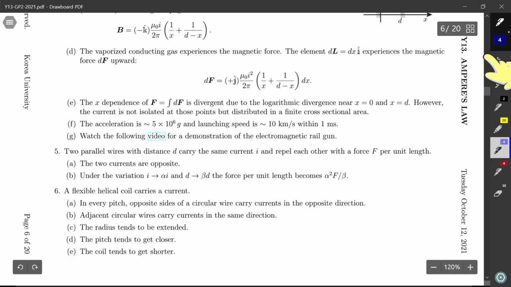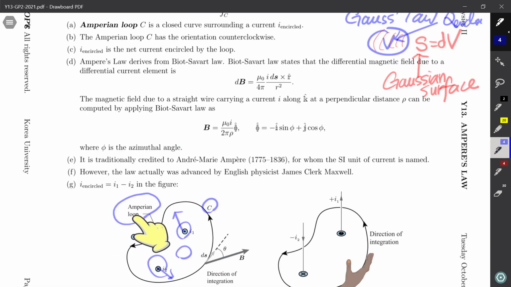When we use Ampere's law, there are currents sometimes coming out, coming into the loop. C encloses various currents. It's called Amperian loop. And this curve is the boundary of the surface.